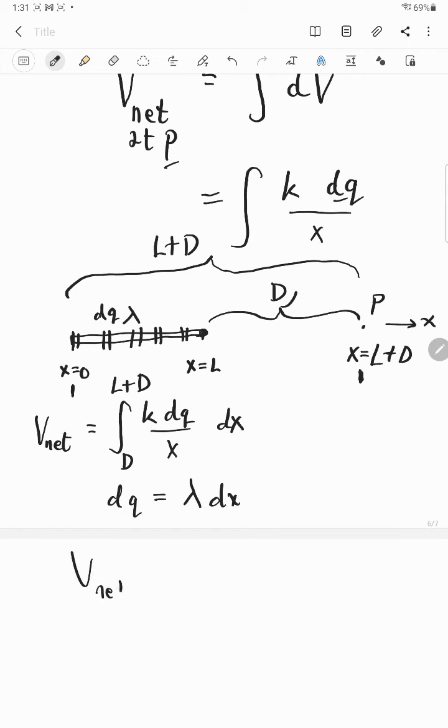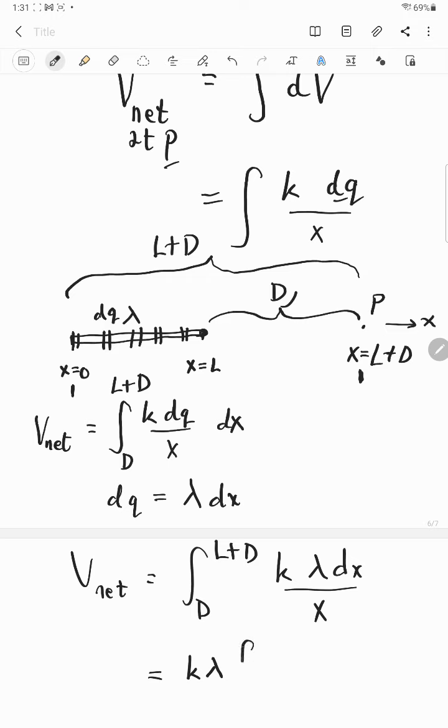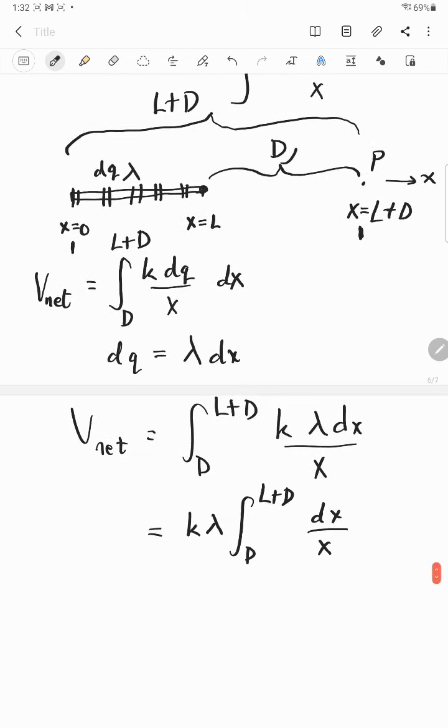So V net equals the integral from D up to L plus D of k lambda dx over x. And when you integrate this, check it out, you're going to have this integral, which you'll remember is the natural log.